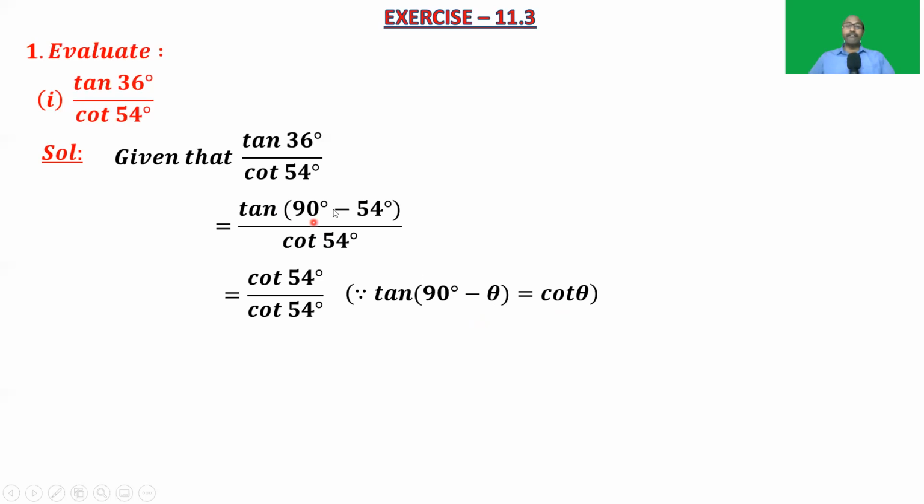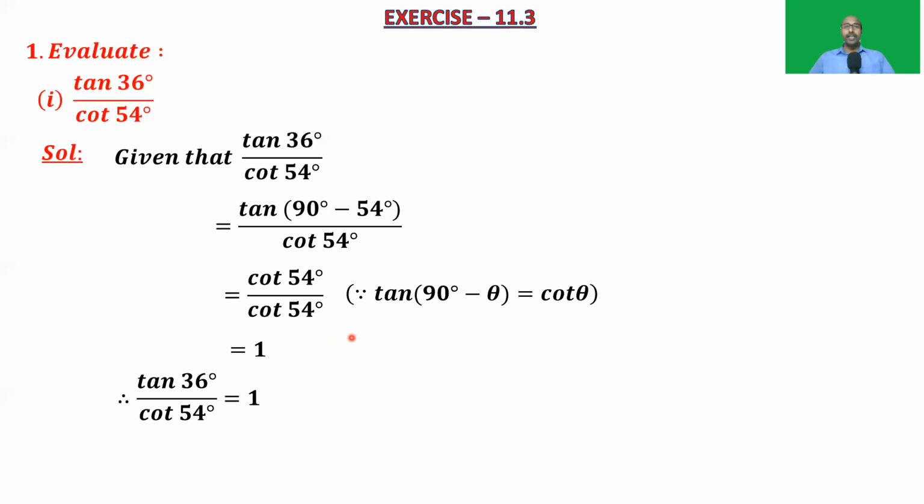Here the values in both numerator and denominator are equal, so by cancelling we get 1. So the answer is tan 36 degrees by cot 54 degrees is equal to 1.